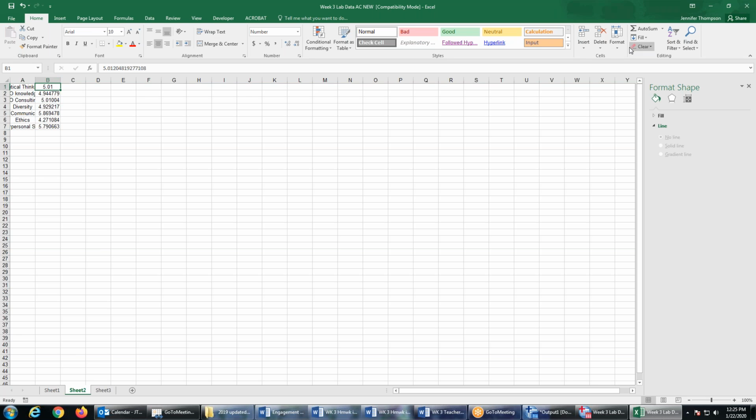And then sort it. Sort, actually I want largest to smallest. The interesting thing is it didn't move the titles, so it sorted it. Let me undo. Did you notice that?